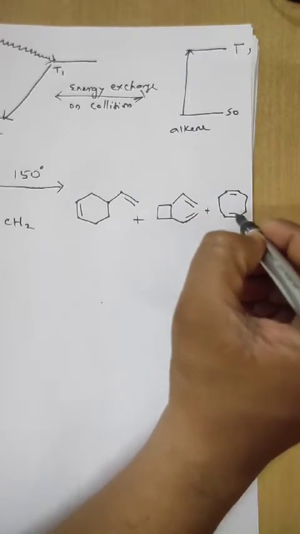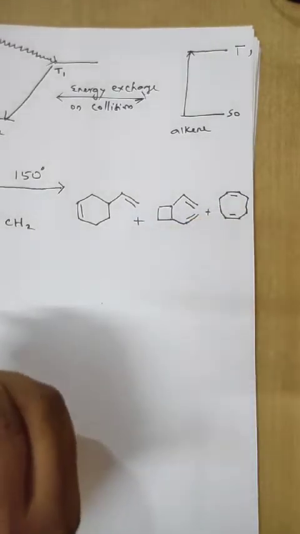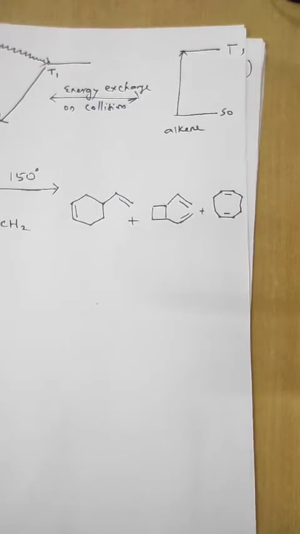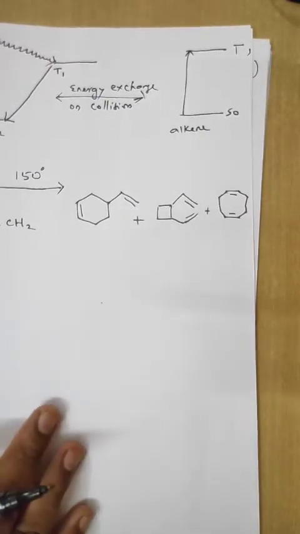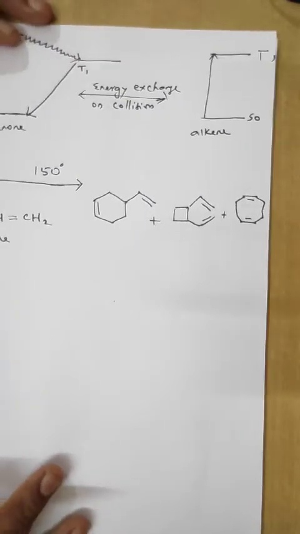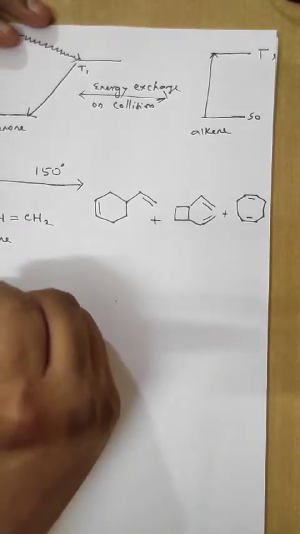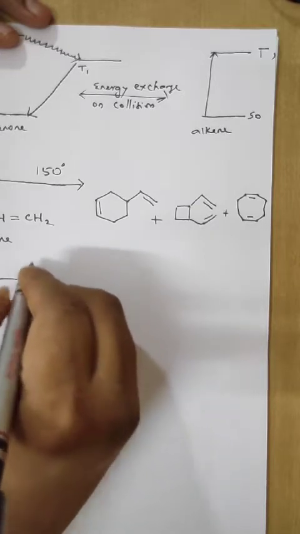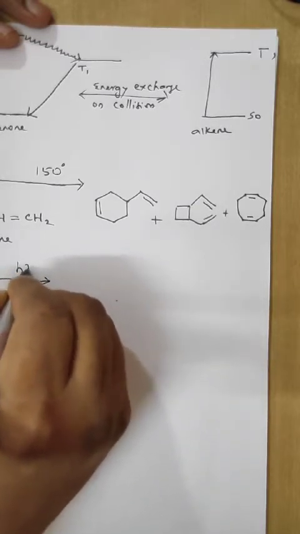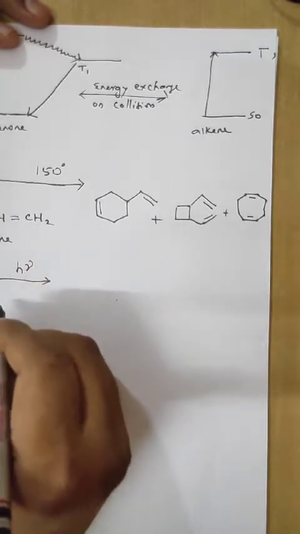Okay, 8 more ring. Understand? This is now in the case of, first one is for thermal, the second one is for irradiation, okay.